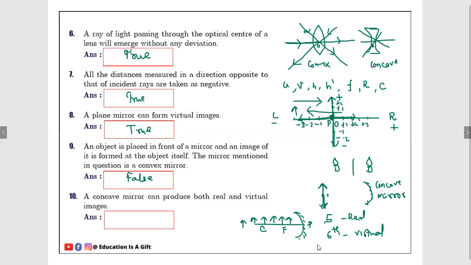The 6th position means if you are placing an object between F and P, definitely you will get a virtual image. So a concave mirror can produce both real and virtual images. Yes, that is true.